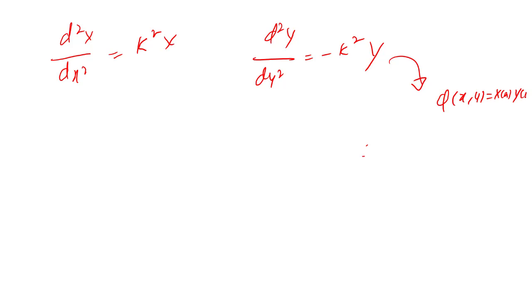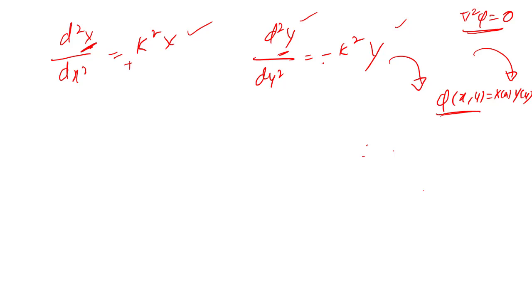The solutions X and Y for these equations directly plug into this to give us the potential. We got these equations by separating the variables in Laplace's equation. And we're choosing this to be positive and this to be negative because we have different boundary conditions.